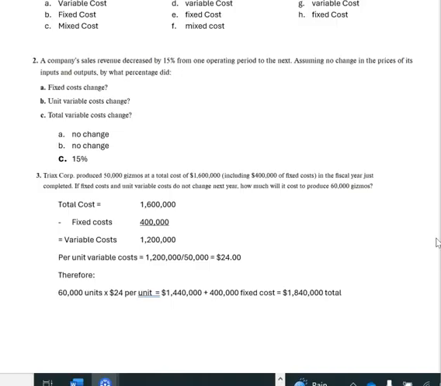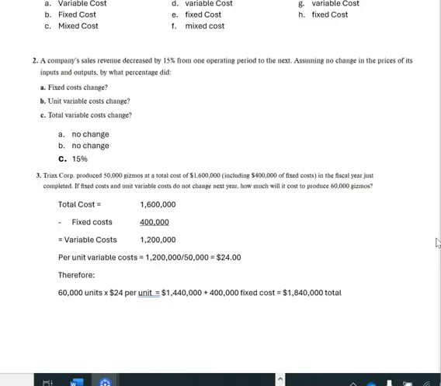In that 1.6 million is fixed costs of 400,000 in the fiscal year, the year that just went by. If fixed costs and unit variable costs do not change for next year, how much will it cost to produce 60,000 gizmos? Okay, so we need to figure out what is the variable cost per gizmo. We know the total cost, including fixed and variable, is 1.6 million.